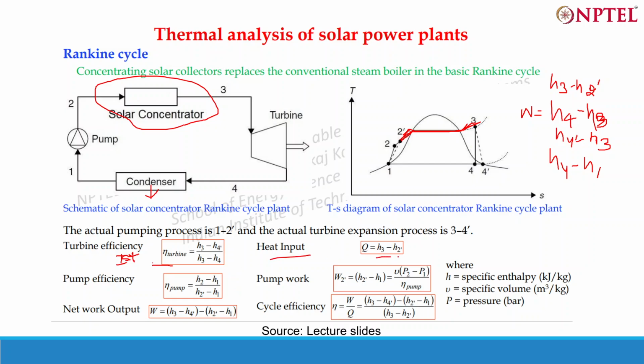And we have heat input, that is H3 minus H2 dash, which is basically in the form of the boiler. So pump work is there, then we have cycle efficiency, work done upon Q. So this is how it is. If there is anything you want to ask here, please feel free to ask.